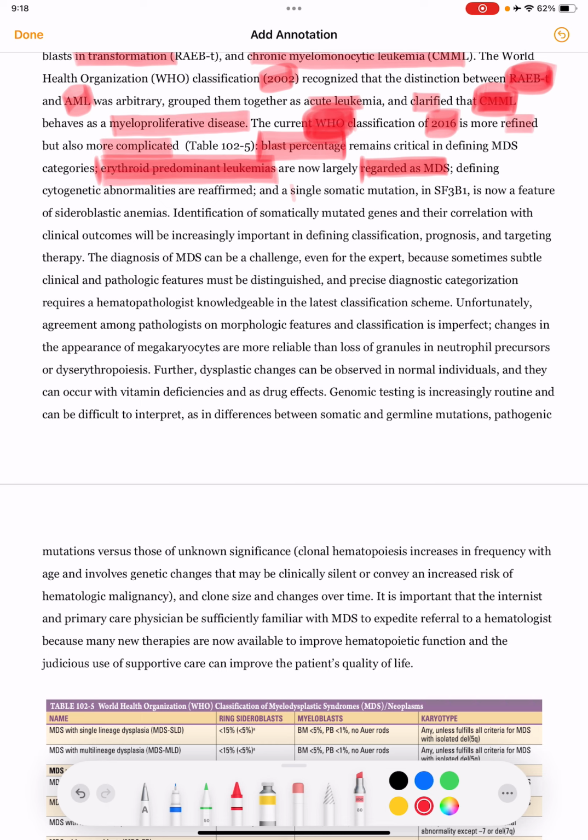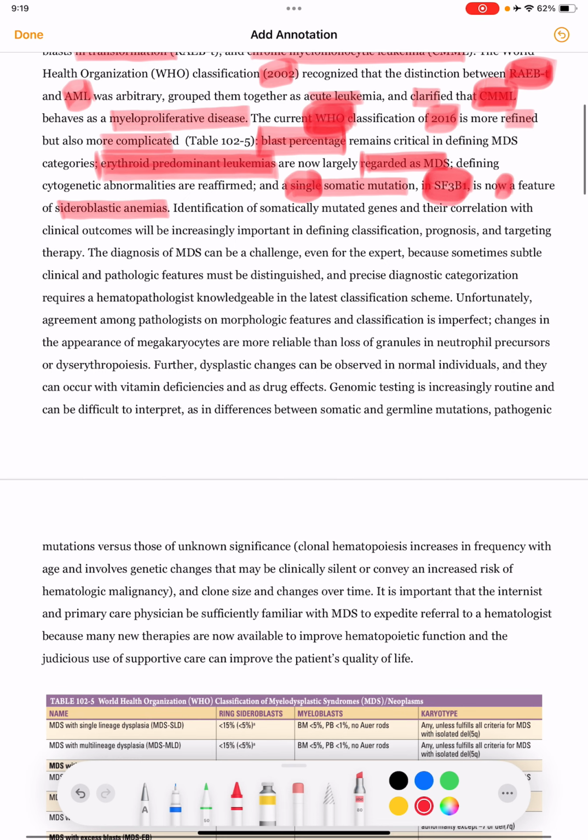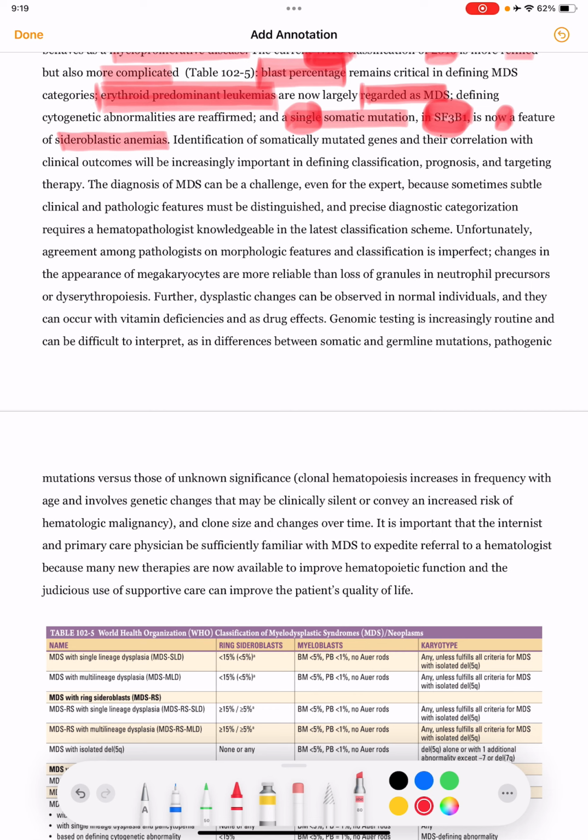A single somatic mutation in SF3B1 is now a feature of sideroblastic anemia. Identification of somatically mutated genes and their correlation with clinical outcomes will be increasingly important in defining classification, prognosis and targeting therapy.